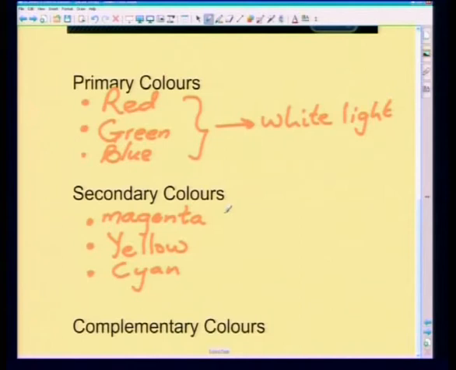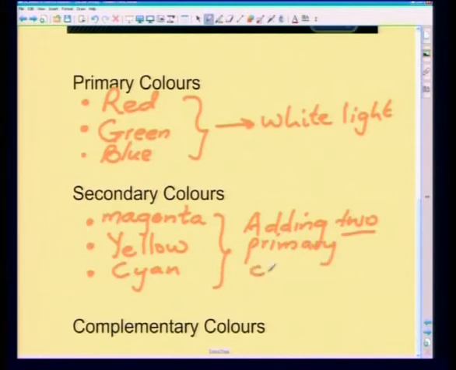These are secondary colors. We get secondary colors by adding primary colors. Adding any two of the primary colors, we get secondary colors.